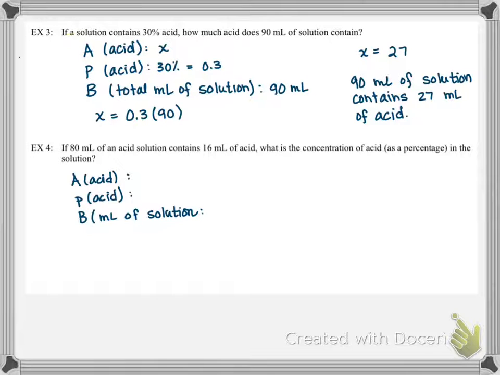We know that there are 16 milliliters of acid in 80 milliliters of solution, and we don't know what percent that represents. So we have 16 equals x times 80, which gives us x equals 0.2, so it's a 20% acid solution.